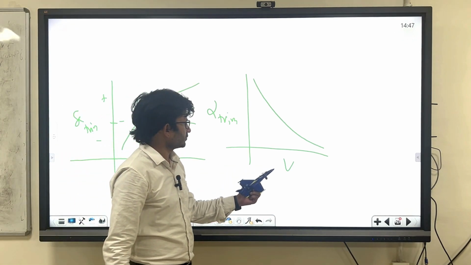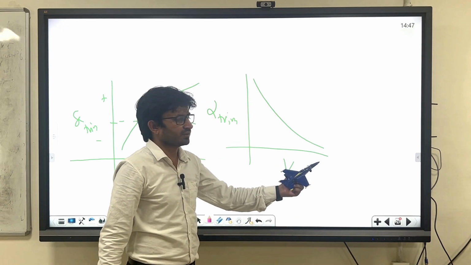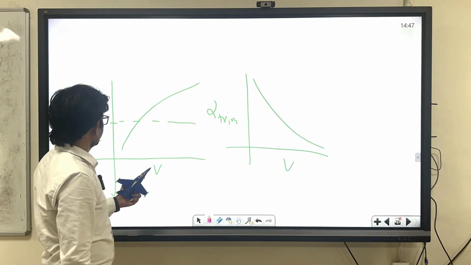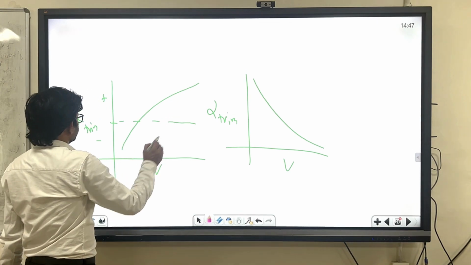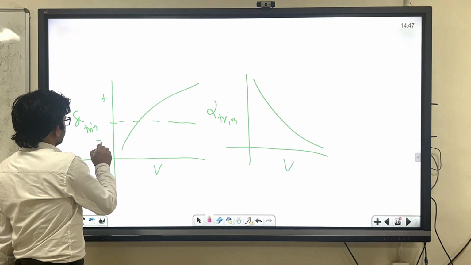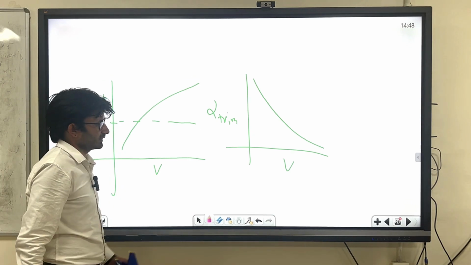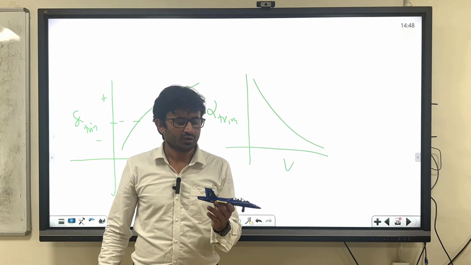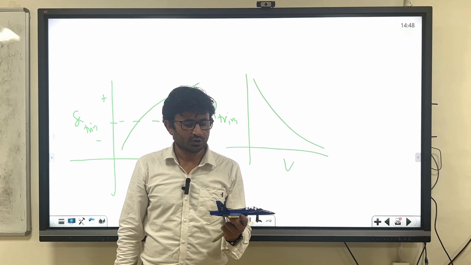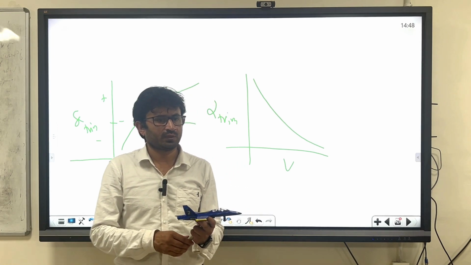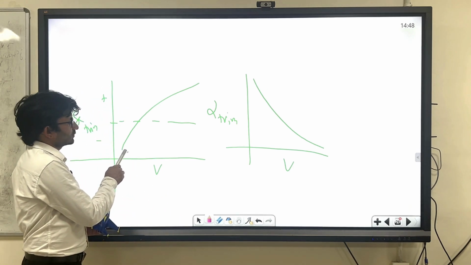As you increase the velocity, your alpha will go down, and as you increase the velocity, your delta E will look like this. Here the delta is negative and here it is positive. You can have some feel for this also. For example, if you are flying at a low velocity, you have to deflect the elevator up, and up is negative, as you can see here.